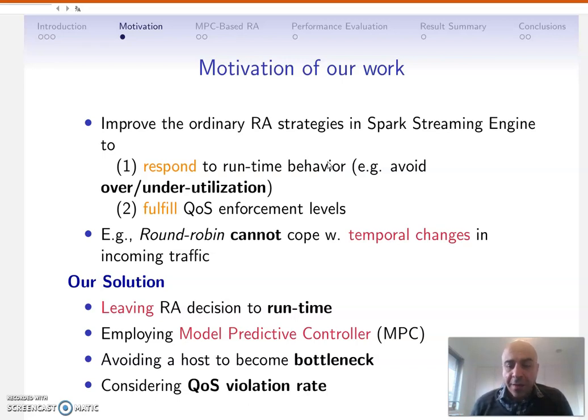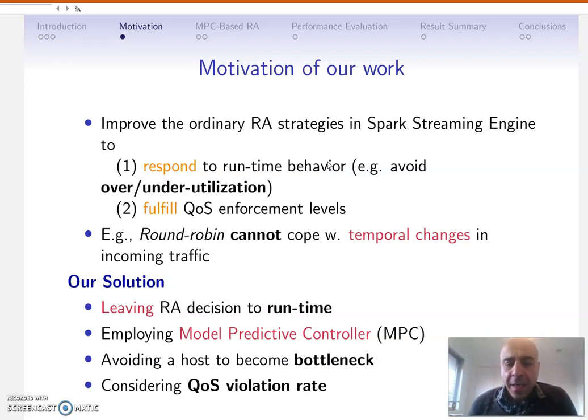For example, if you have two types of application, one of them highly important for you and the other not so important, and you increase the incoming rate for the low priority applications, then definitely it affects the performance of the high priority application. And we designed the controller in such a way that it copes with this problem.